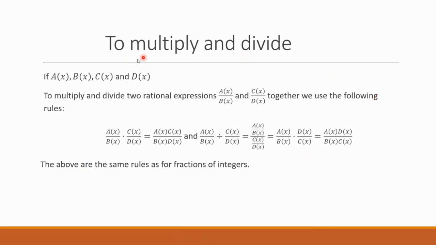Speaking of dividing, here I'm going through how you actually multiply and how you divide rational expressions. This is actually how you do it. And again, I emailed you the notes, so you have the notes in front of you.